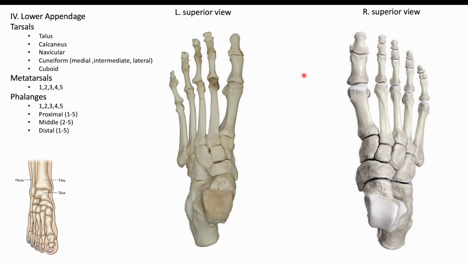The bones of the feet are broken up into three groups: the tarsals, the metatarsals, and the phalanges. The tarsals include all the bones right here. The biggest tarsal bone that you have is the talus. You could think of the tarsal bones as your ankle bones.